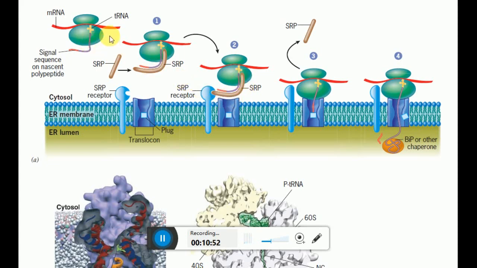As soon as the ribosome tends to come to the position where the plug is, where the translocon is, there it can create a signal, wherein the signal peptide that is designated for a signal is being inserted to the receptor, and the ribosome is going to sit at the porin area in the translocon.